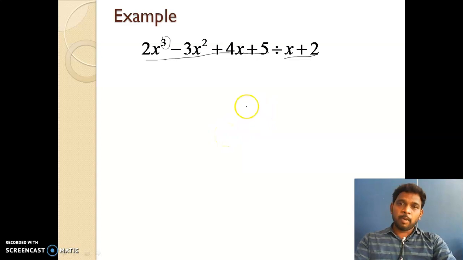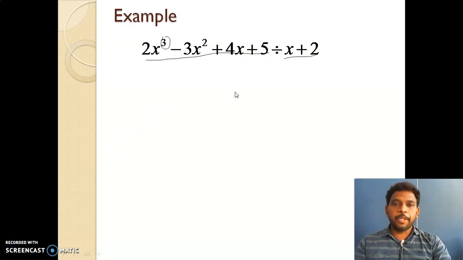Some of you may not have understood, and really it may be complicated, but it is a very important concept. How can we divide one polynomial by another polynomial? Because in 10th standard, this is one of the sections of the chapter. Let us see how to divide this polynomial by another polynomial.